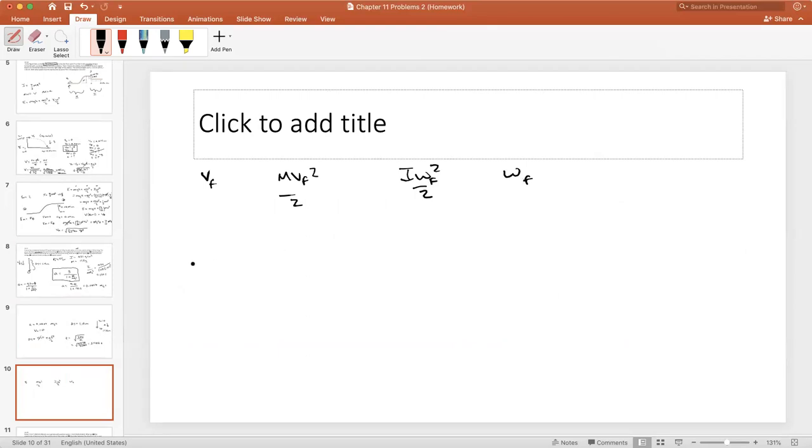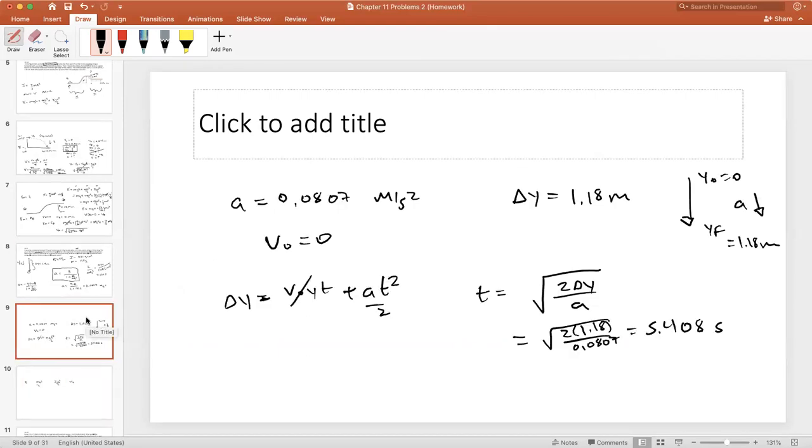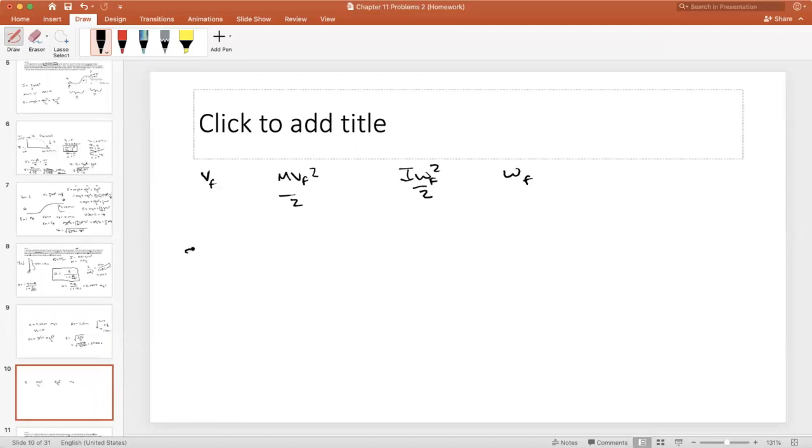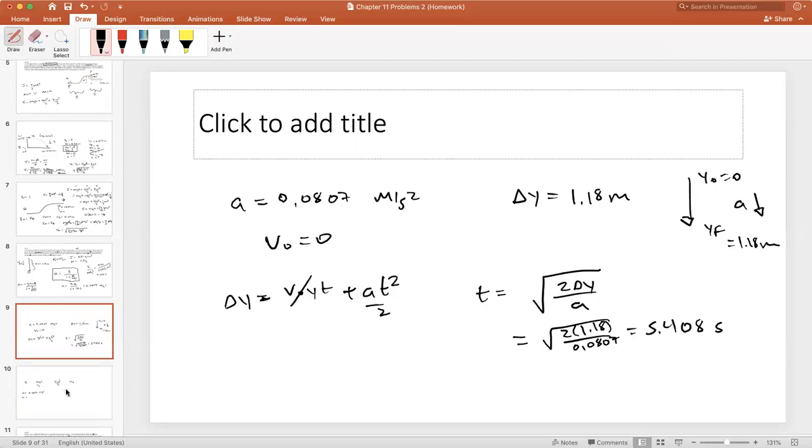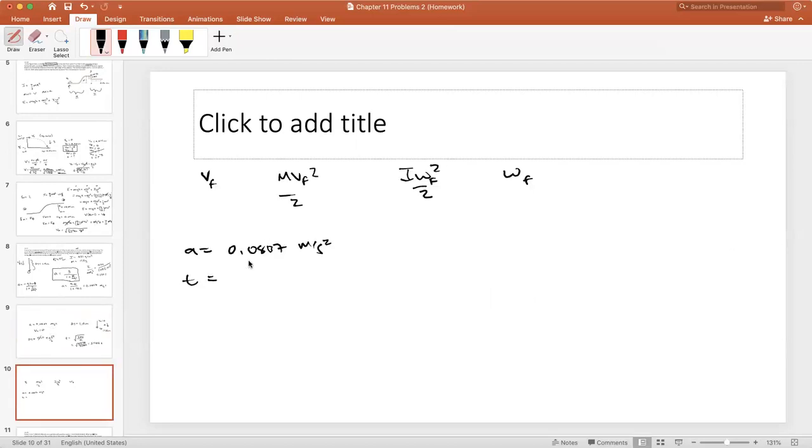And we know A and we know T. So if A is 0.0807 meters per second squared, and T is 5.408 seconds, then it's pretty easy to find v.